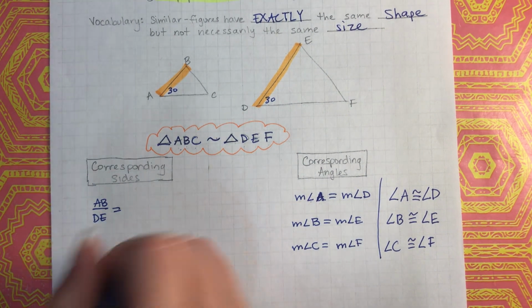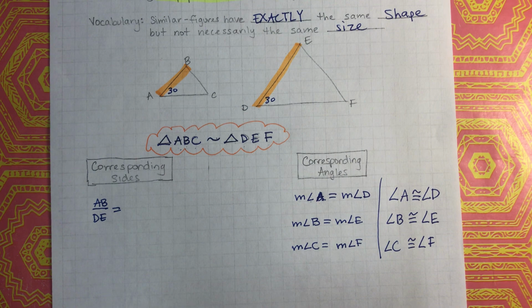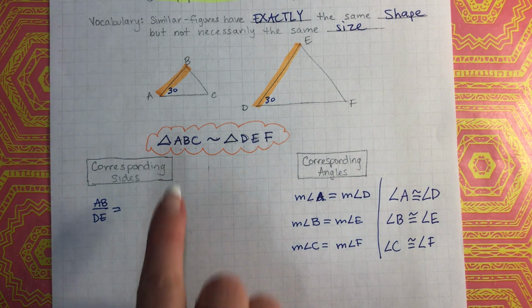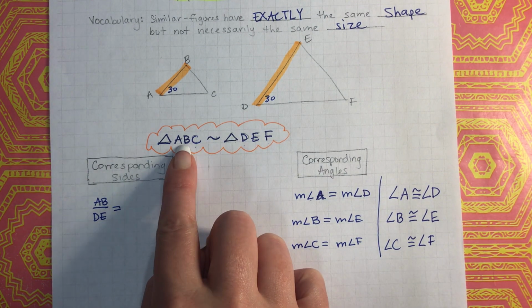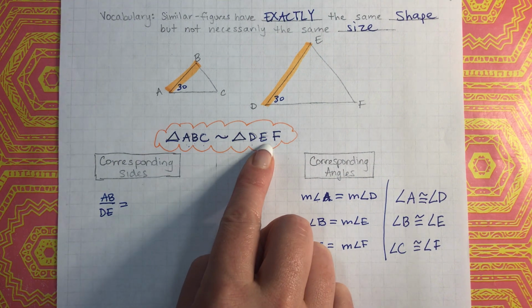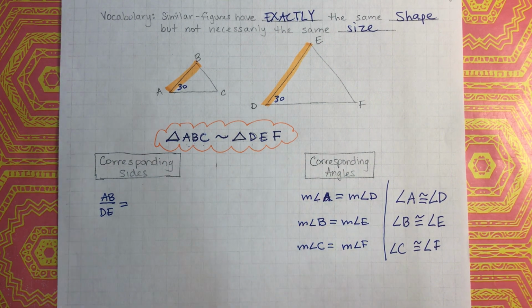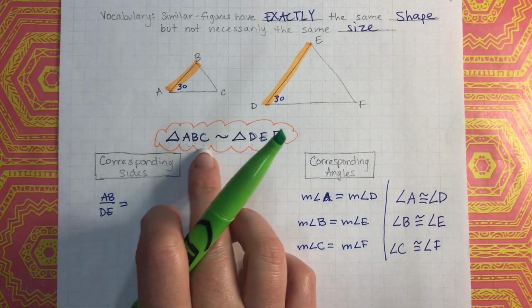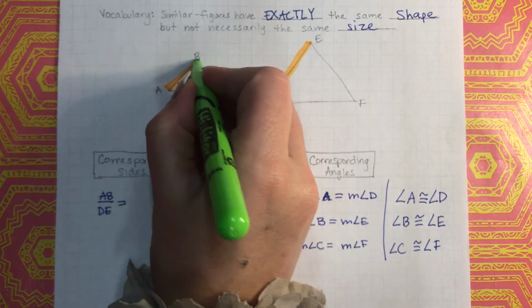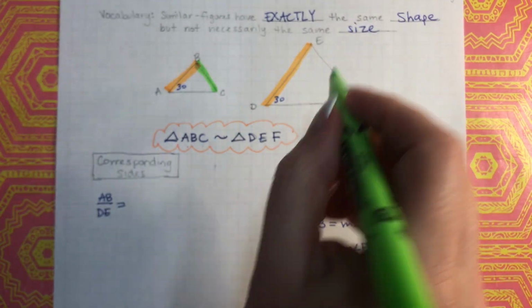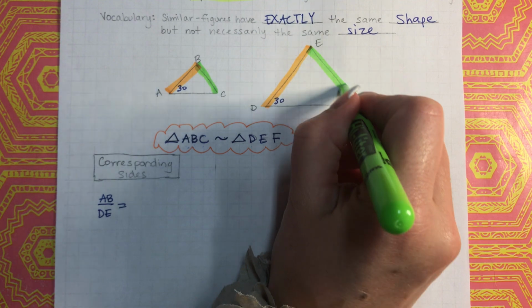Is equal to another set of corresponding sides, which would be the second and the third letter, BC, and you would do the second and third letter over here, EF.